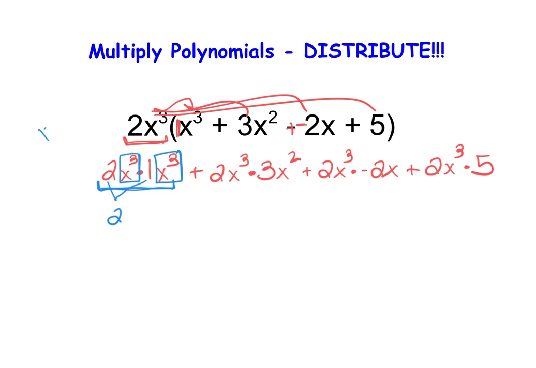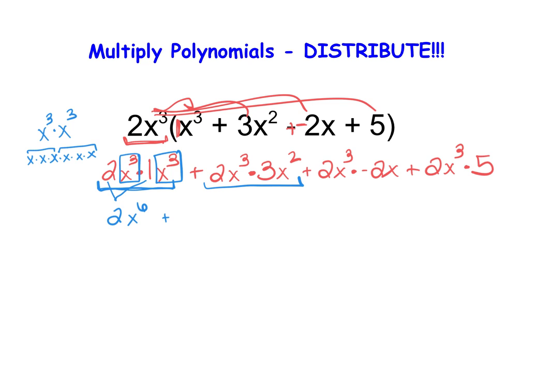If I break this down, I get x times x times x for that first x to the third, then x times x times x for that second x to the third. And what we can see is that there are 6 total x's. So this simplifies to 2 times 1, which is 2, and then x to the third and x to the third together, we add those exponents to get x to the 6th. And then we can just repeat this process throughout.